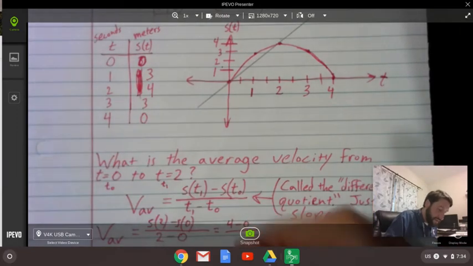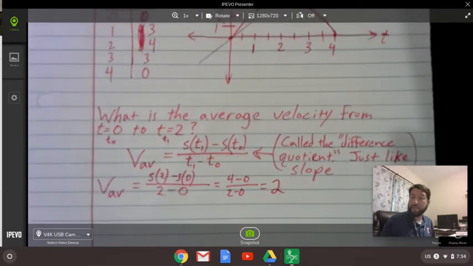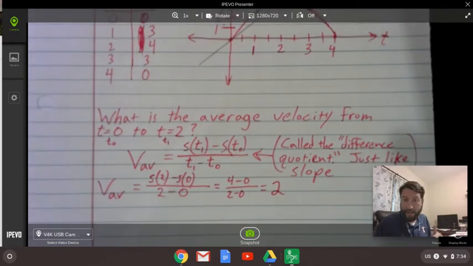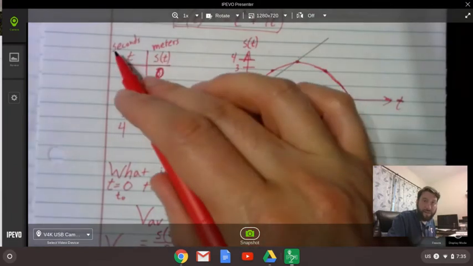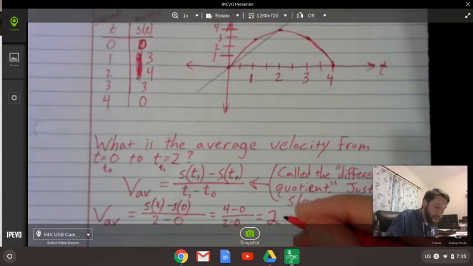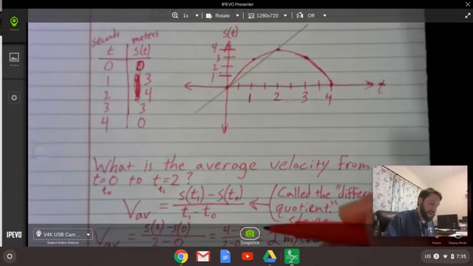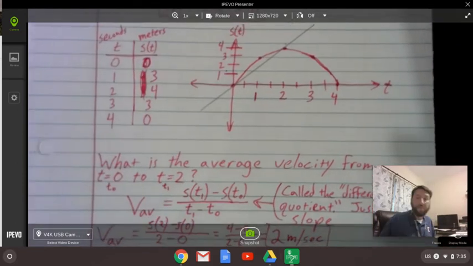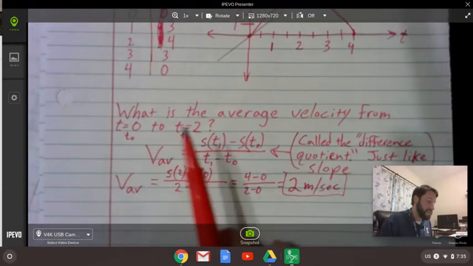And on the bottom, I still have 2 minus 0. And if you work this out, you get 2. Now, this is a velocity, so that's distance divided by time. So my distance is in meters, my time is in seconds. So I'm going to say 2 meters per second. Okay? So that would be my average velocity from t equals 0 to t equals 2.